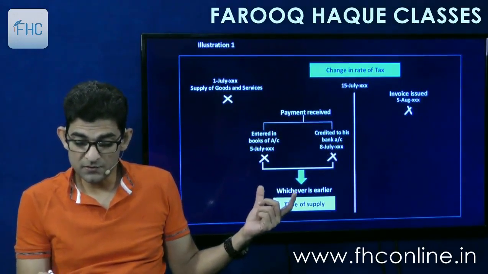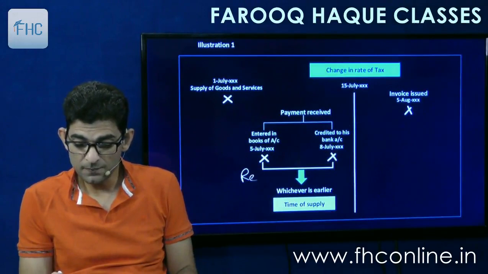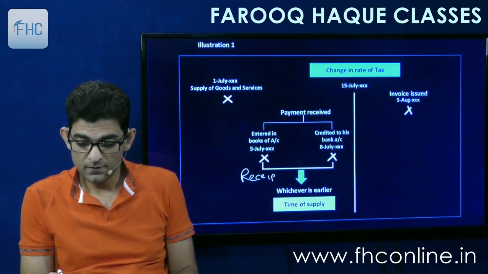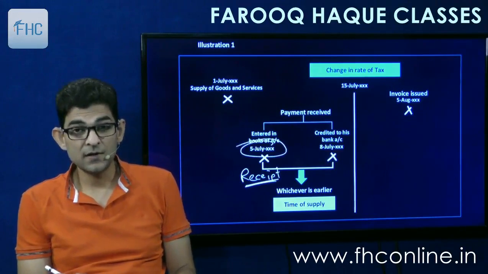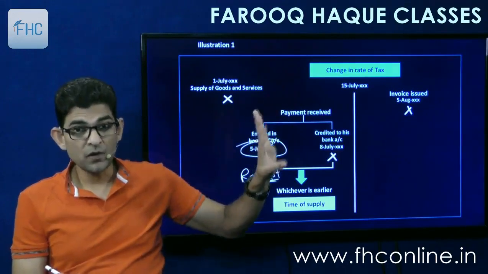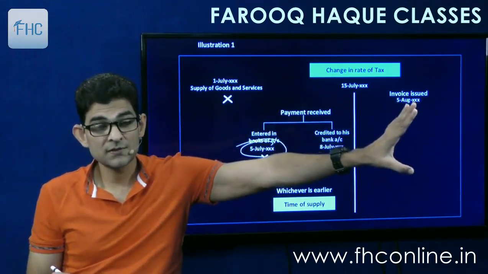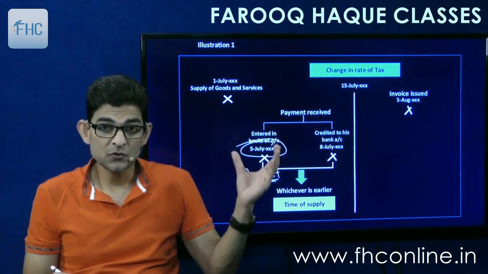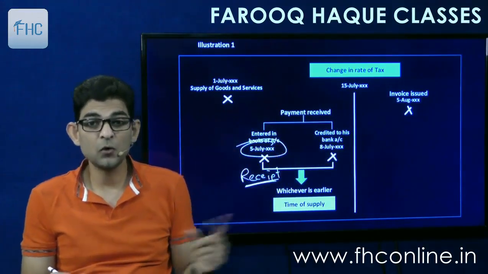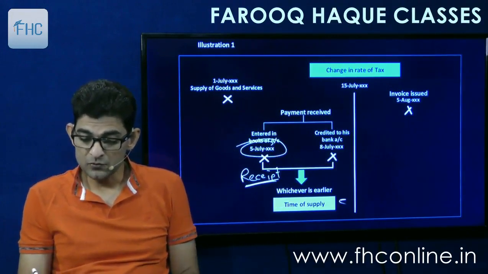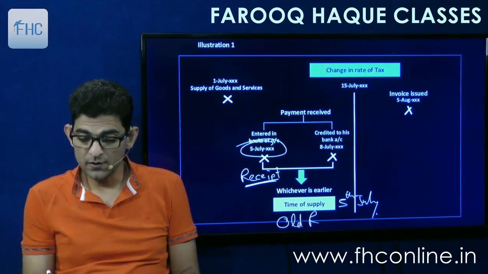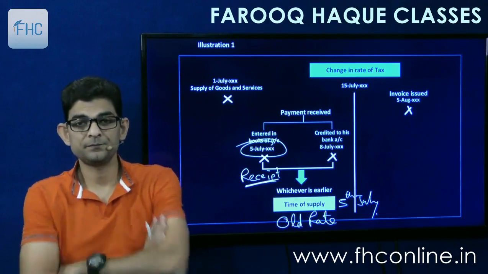So 5th July is my receipt. Now if the receipt is before and invoice is afterwards, then you have to take whichever is earlier. So this 5th July will also become time of supply. And as it is before, you will apply the old rate of tax.